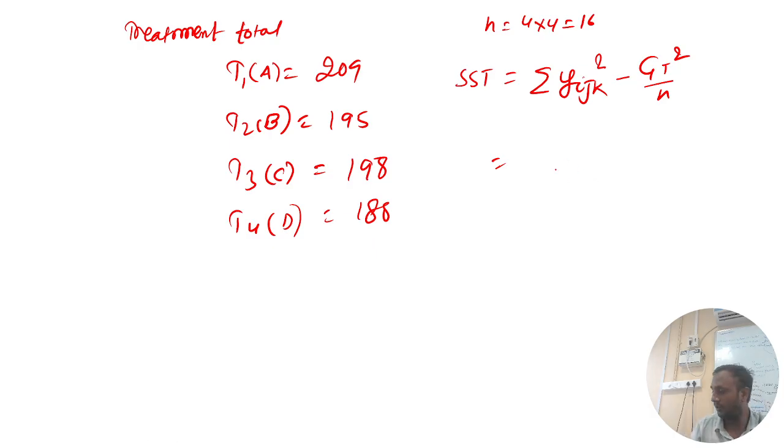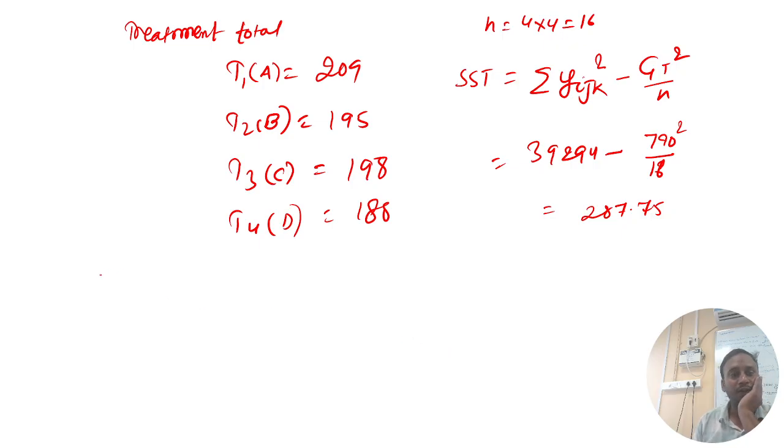Some value will come. So if we check, it will come 39294 minus 790 square by 16. So the value came to 287.75.